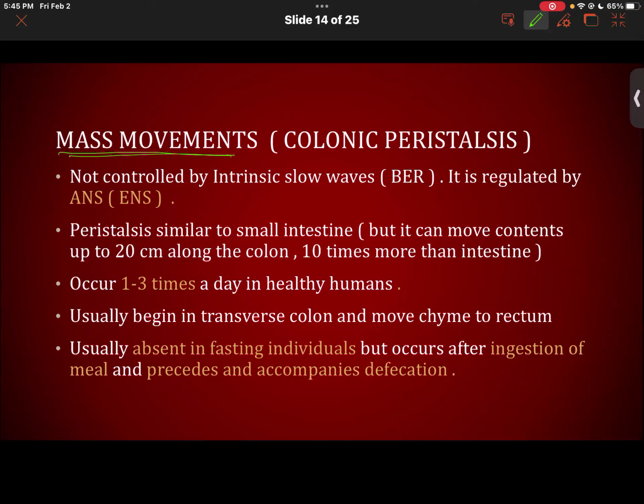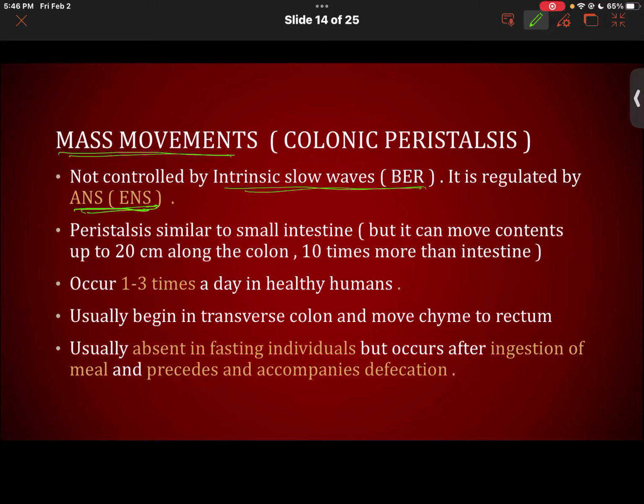These are not controlled by the intrinsic slow waves or the BER, which was the case for the colonic segmental, haustral, non-propagating contractions. Those were controlled by the BER, or the basic electrical rhythm. These, however, are regulated by the autonomic nervous system, more specifically by the enteric nervous system, which is a subdivision of the autonomic nervous system.